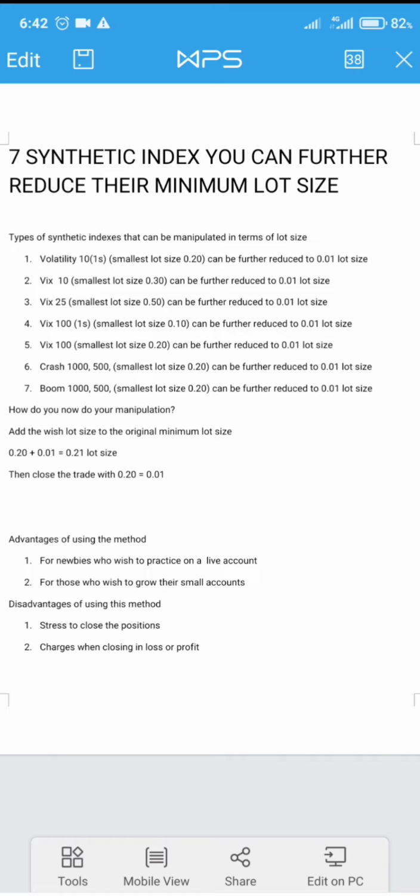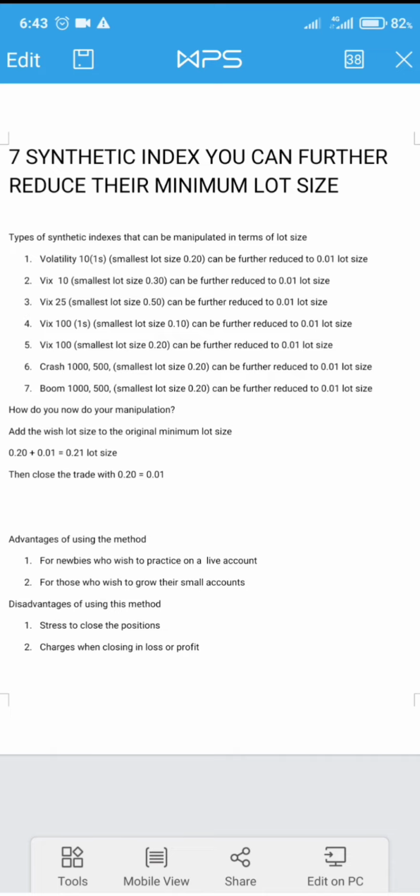So I have 7 indices here, though we have like 4 more indices that we can reduce their lot size, but that takes a lot of stress from us, because in the process of reducing this lot size you need to first use a higher lot size before you can reduce it to a smaller size. So there are some indices like Volatility 50.